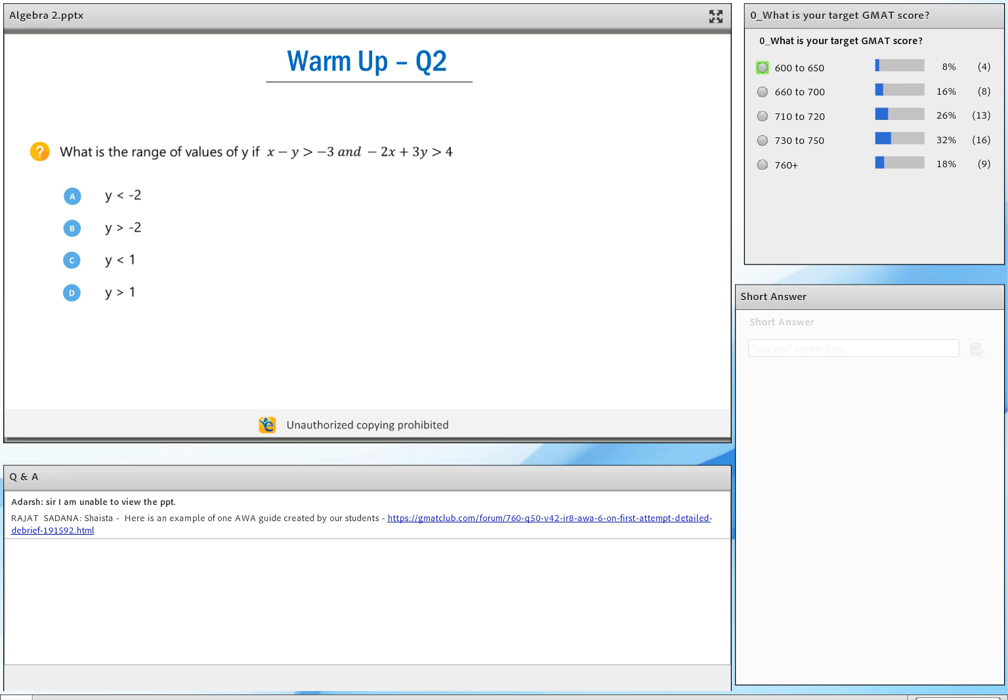Give me 1 second, guys. My mouse is creating some issues at my end. Now this is not the question, so just give me 1 second here. Guys, just hold on for 1 second.